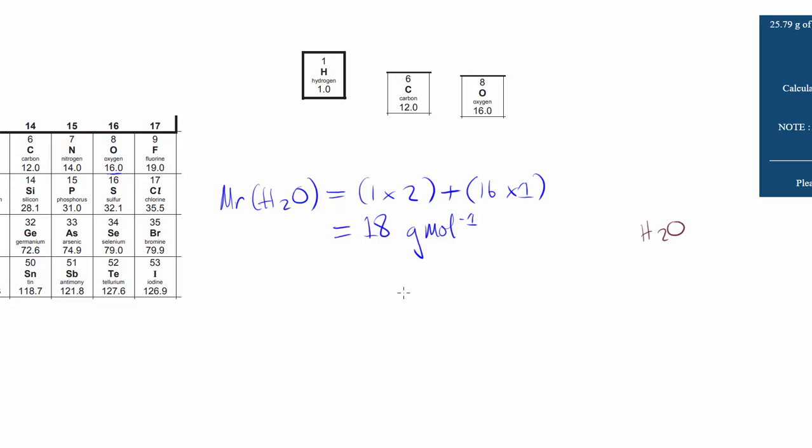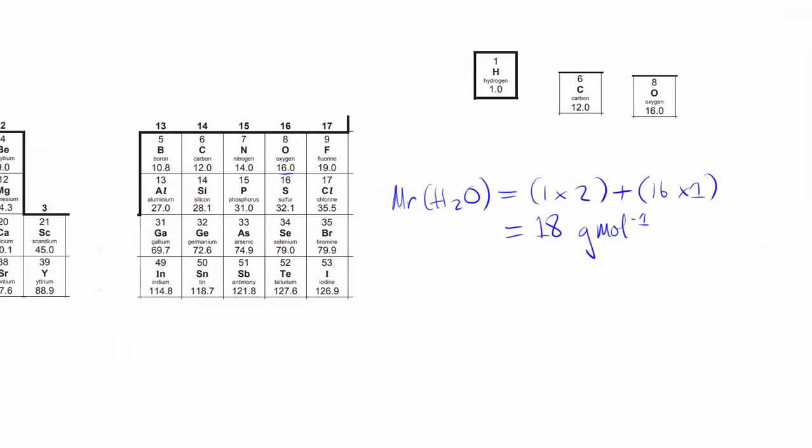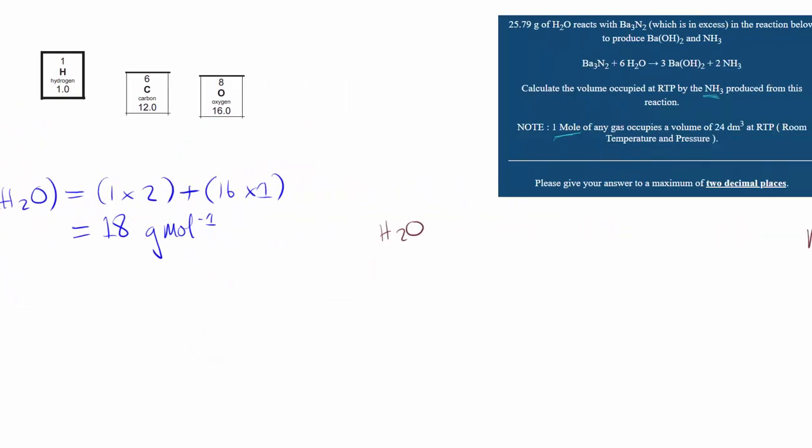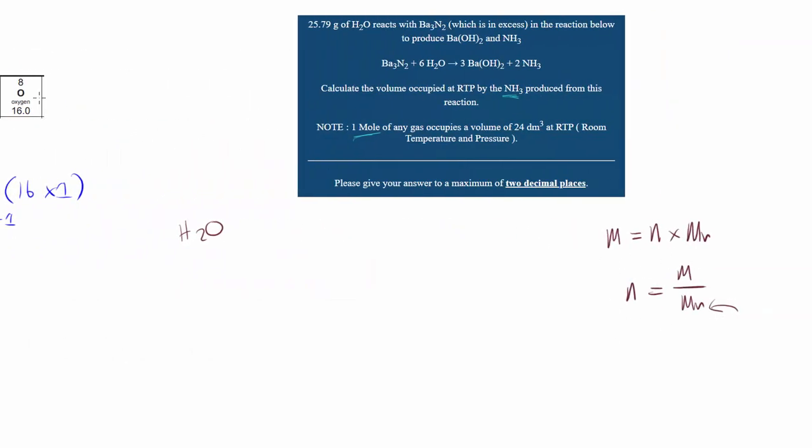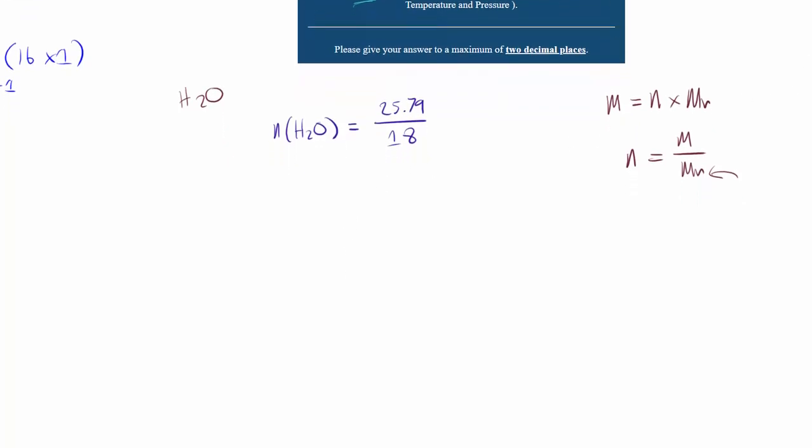Okay, so using this value, what we can do is plug this into this equation, and in doing so we'd be saying that the number of moles for H2O is equal to the mass, which is 25.79 as given in the question, divided by the Mr, which is 18, which we just worked out for water. And that's going to give us the number of moles for H2O.